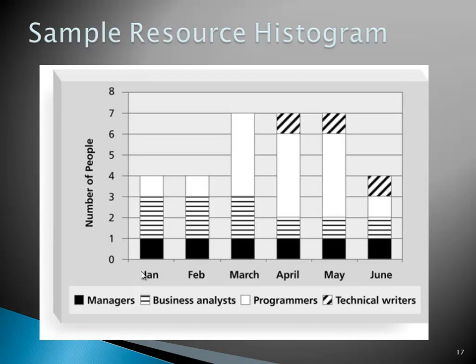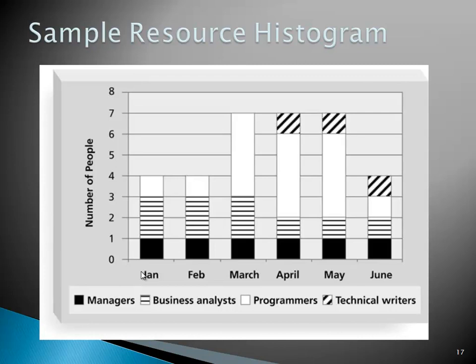The number of programmers at the beginning was only one programmer, so we had two business analysts, one manager, and one programmer. At the beginning we have four personnel. February the same, but once we have March, now we need more programmers, so we added three more, and now we have four programmers in addition to the project manager.